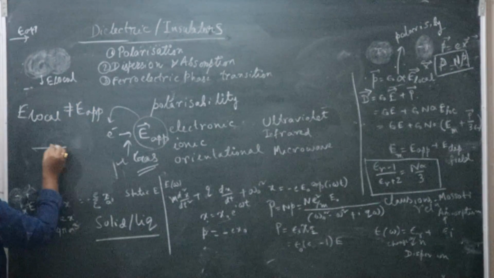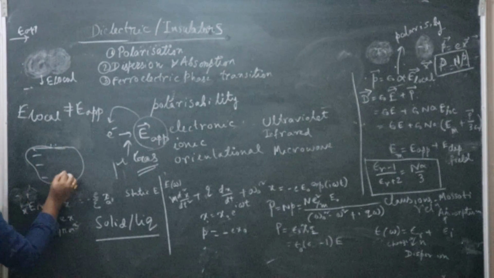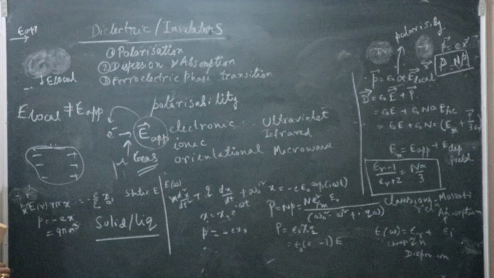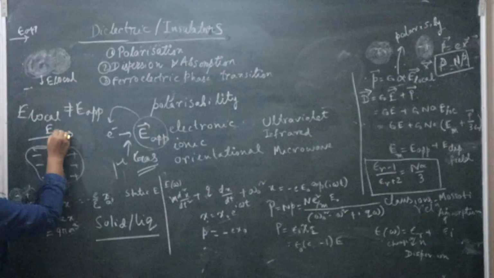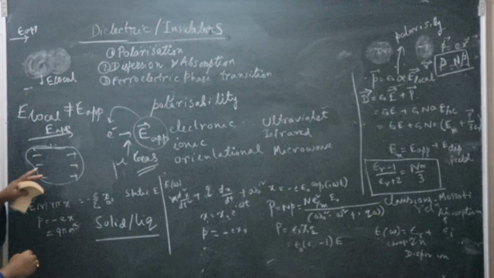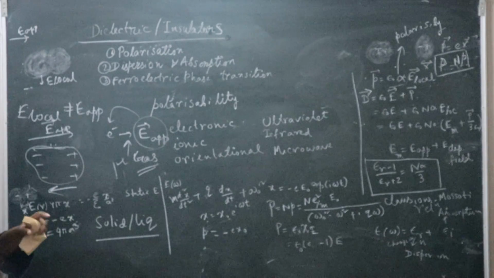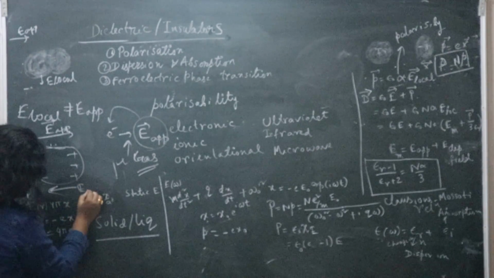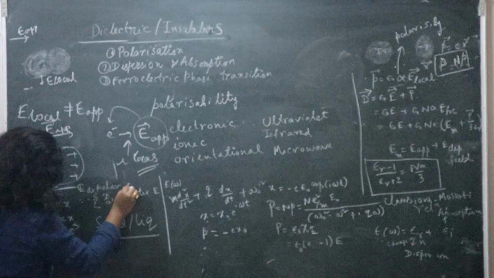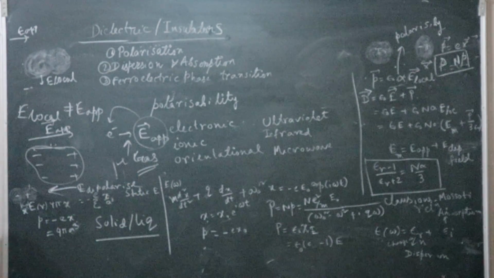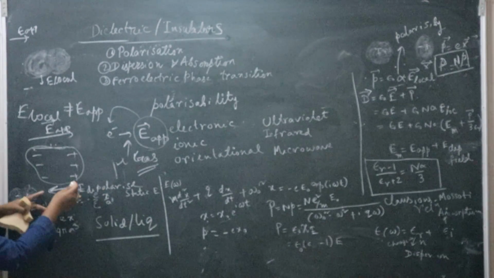Whenever you have some kind of bulk dielectric material, here we get negative and positive charges separated, a dipole moment. Now you have applied this electric field, this is my applied electric field. Due to this applied electric field, there will be an internally generated depolarizing field which will try to depolarize the dipoles. This is the E depolarizing field, the internal field.